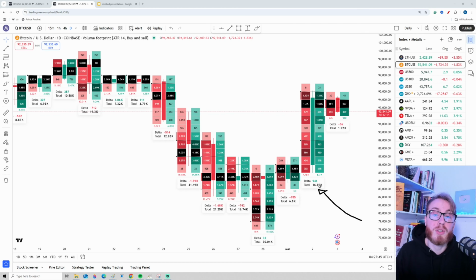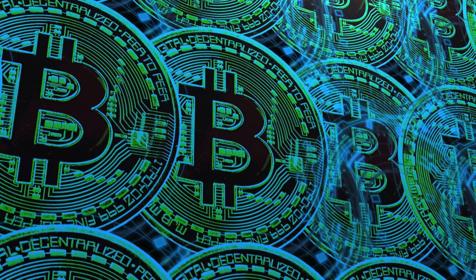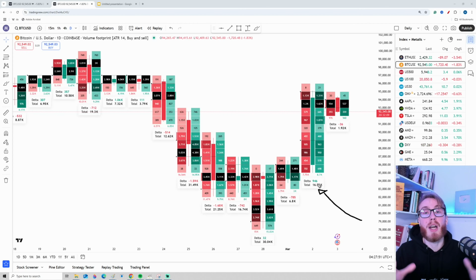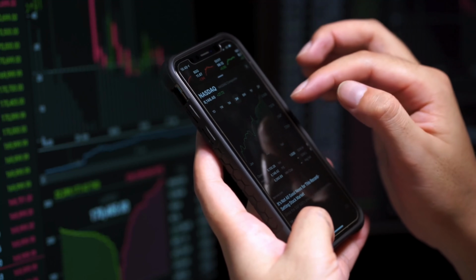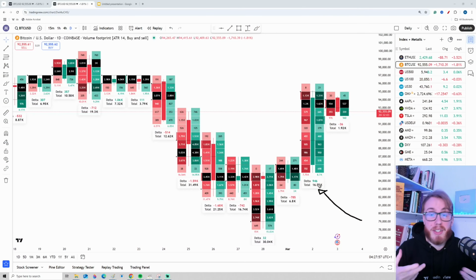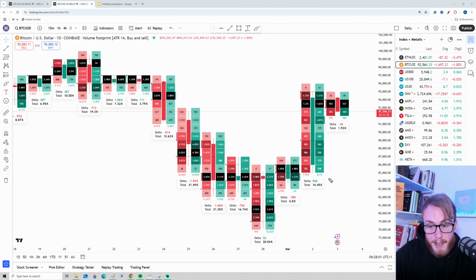That is the total amount of volume during that candle. So when we're looking at Bitcoin, we're talking about the total amount of Bitcoin traded. If you look at a stock, we're talking about the total amount of that particular stock traded, and so on. But the delta here is, in simple terms, the difference between the buying volume and selling volume.